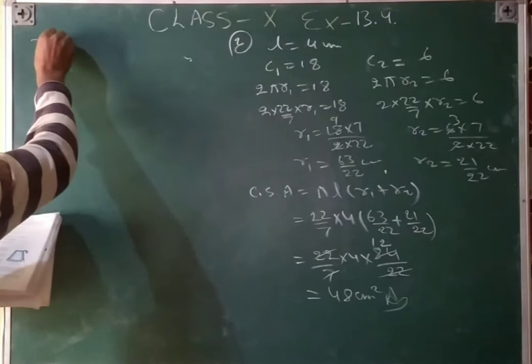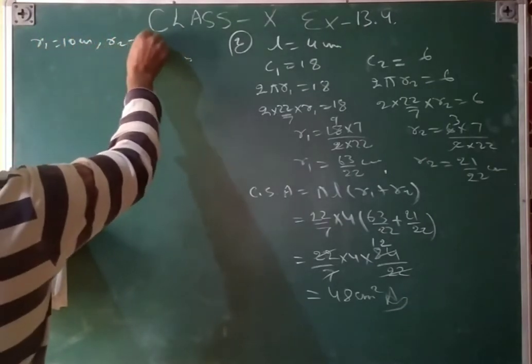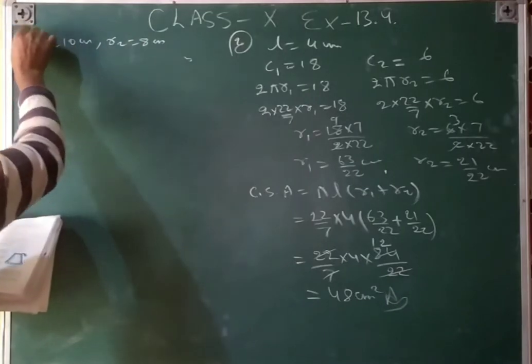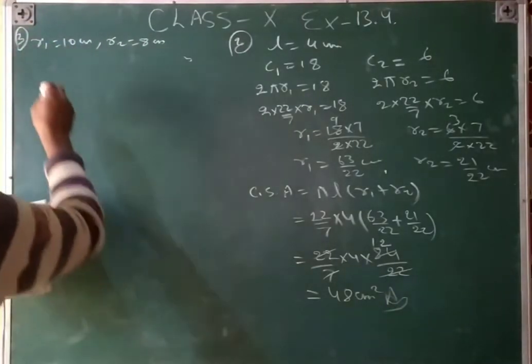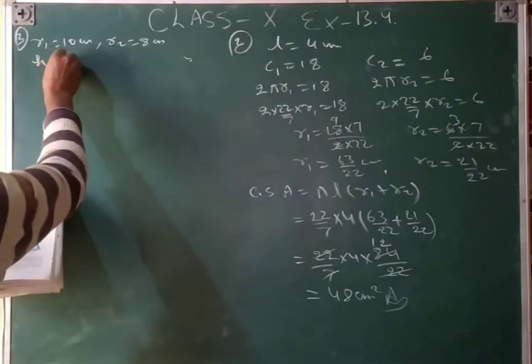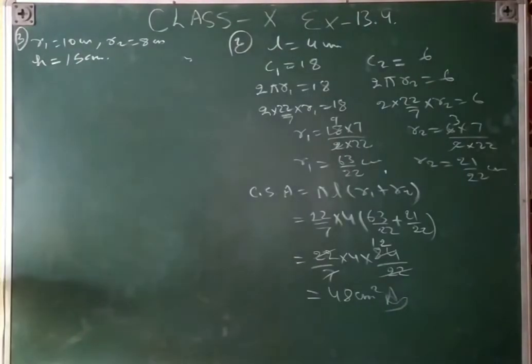So R1 is equal to 10 centimeter and R2 is equal to 4 centimeter. And the height is 15 centimeter. So find the area of material.